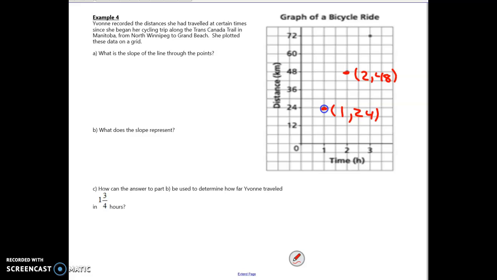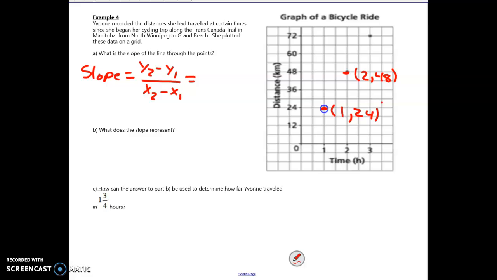Okay, so we're going to use our formula this time, and if we remember it from the last example, our slope equals y2 minus y1 over x2 minus x1. So then we can just plug in our values. I said y2 was going to be our bottom point.